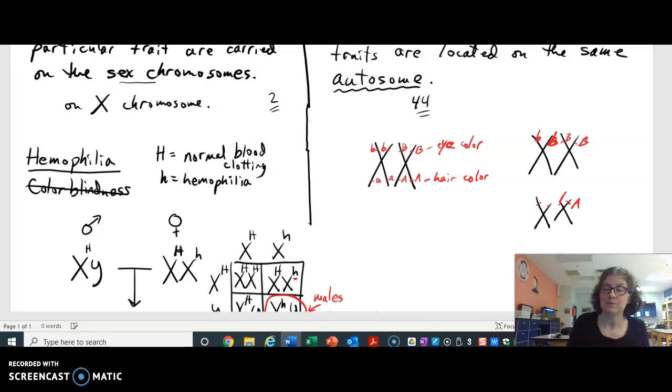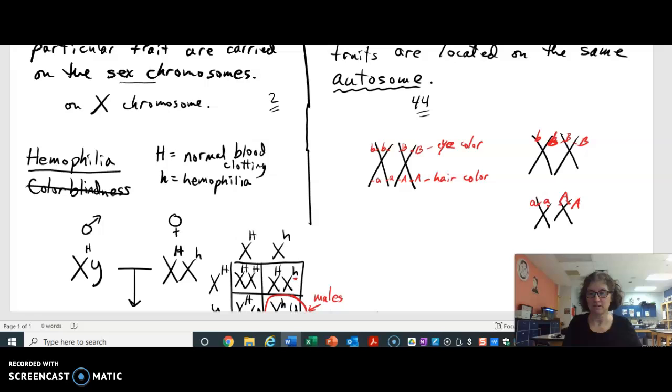So the gene locuses, or the location of the genes for different contrasting traits in his pea plants, were luckily located on different homologous chromosomes. So if you look at that, remember, independent assortment means that those chromosomes can switch places.